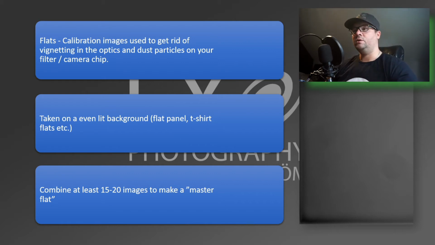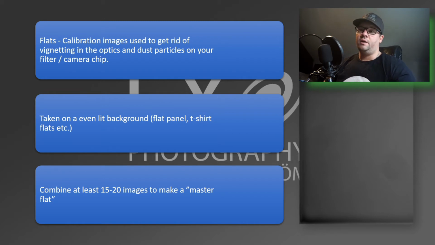As I talked about in the last video, I am taking my images on an even lit background, in this case a flat panel, LED flat panel. You can also use the t-shirt method, so you can use different techniques.